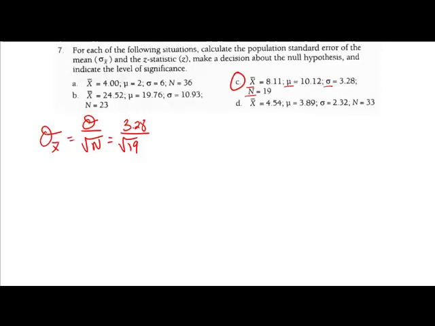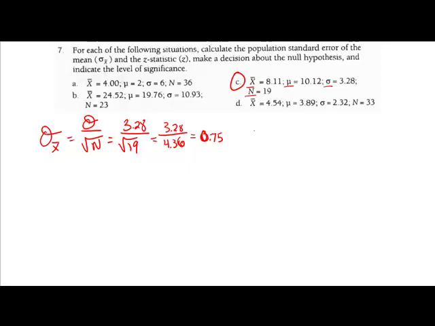The square root of 19 is 4.36. Now I'm just rounding to 2 digits. 3.28 divided by 4.36 is equal to 0.752.